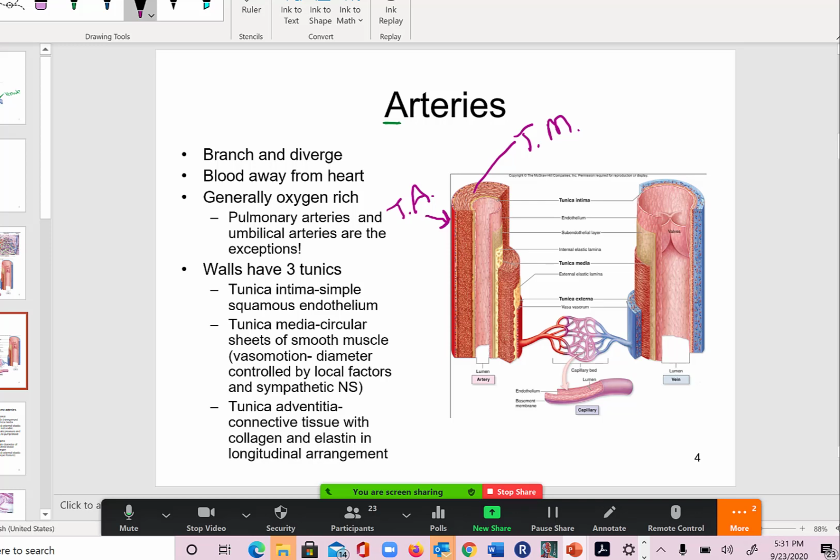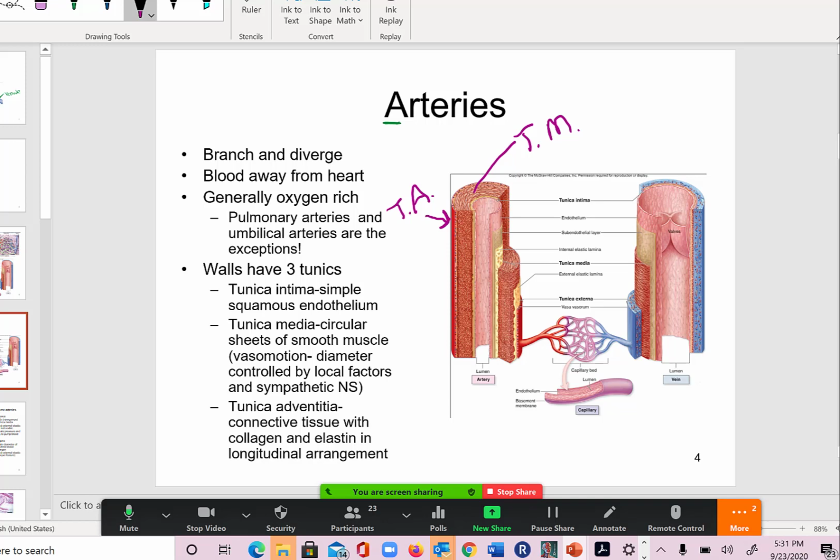And the tunica media can be different in size and width. Some blood vessels will have a very small diameter, but proportionally speaking, a very thick tunica media. Most notably, that's the arterioles. More on that in just a moment.